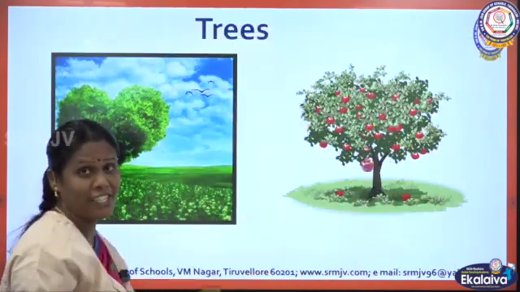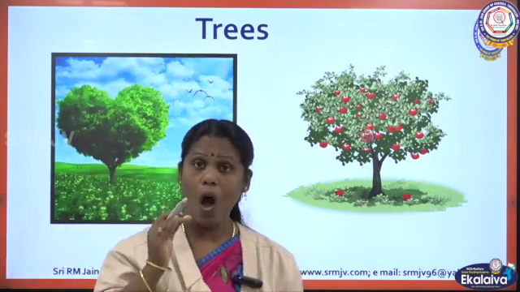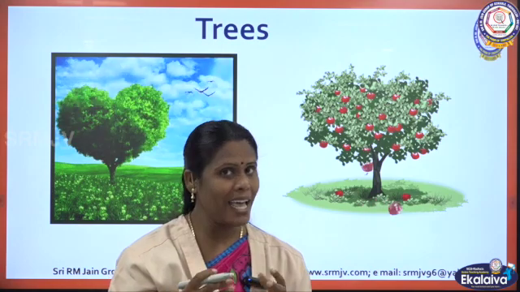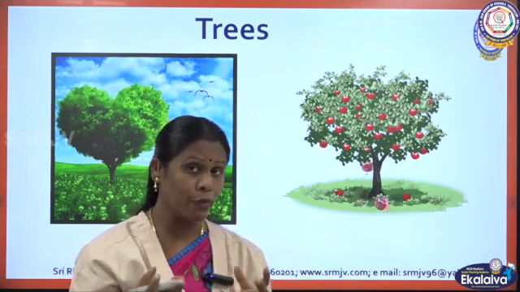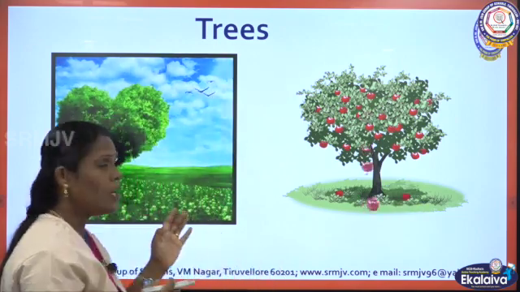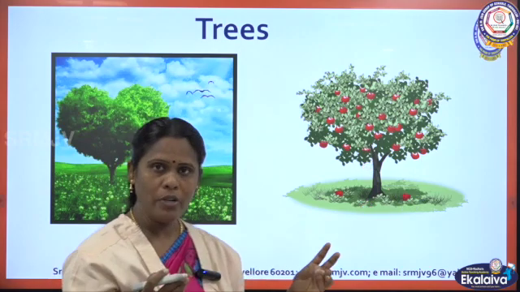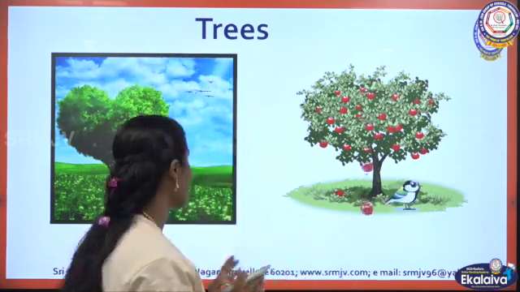Next, trees. Trees are very tall and hard, and they have roots, fruits and branches, right? So, neem tree, apple tree and coconut tree are examples of trees.